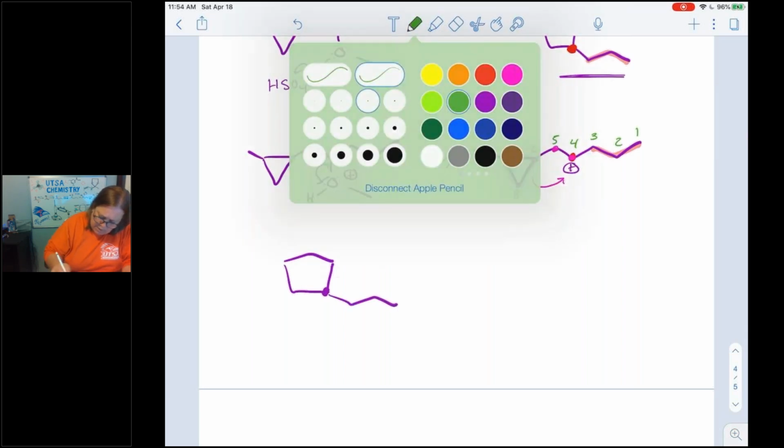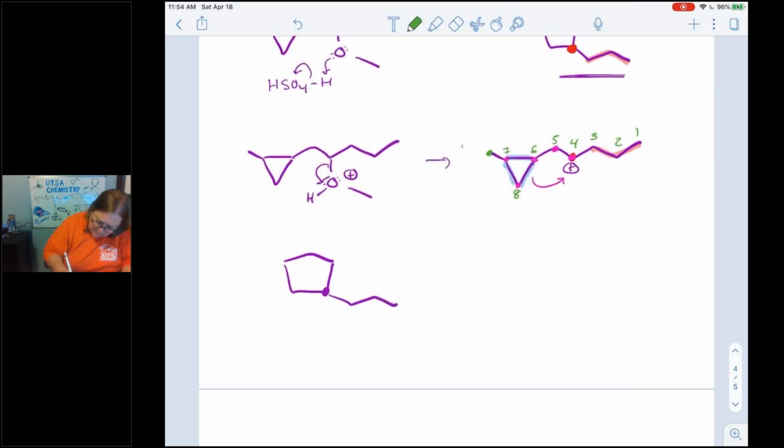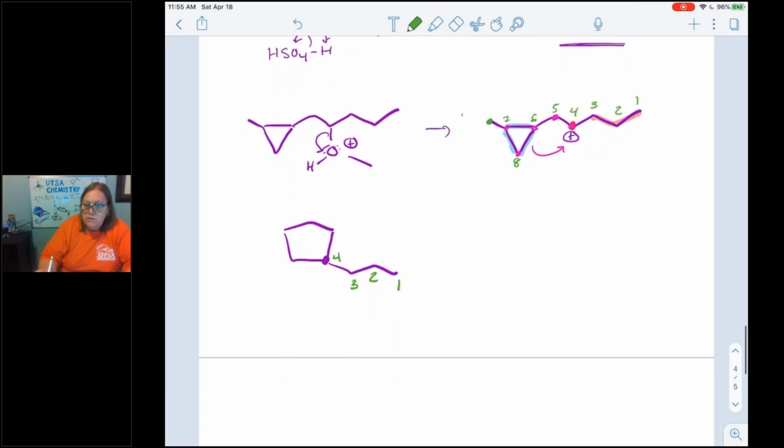I'm just going to number my carbons: 1, 2, 3, 4. What did I just form? Yeah, the hydride shift, exactly, Christina. What did I just form my new bond with? 4 and what else? 8 and 4. Very good.